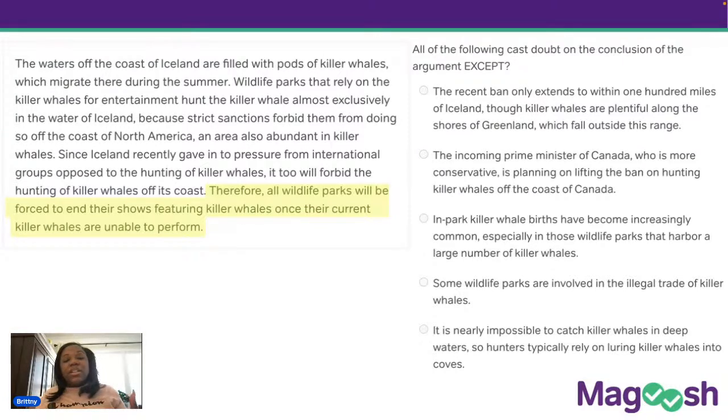But it doesn't tell us anything that would weaken or fix our problem as it relates to not having enough killer whale population and ultimately being unable to perform. So of our answer choices, this is the only one that doesn't weaken our conclusion, right? Okay, so E is the correct answer choice here.